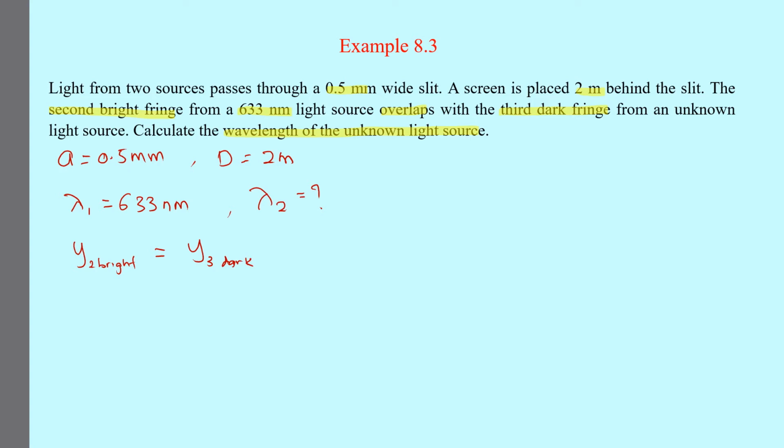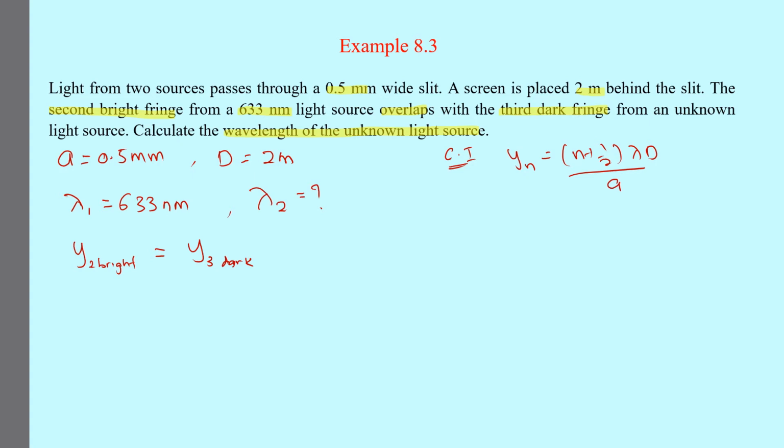Okay, so first of all, we have to remember the formula for single slit to calculate constructive interference. That is, Yn is equal to (n plus half) lambda D over a.